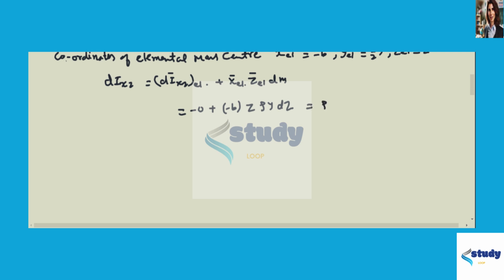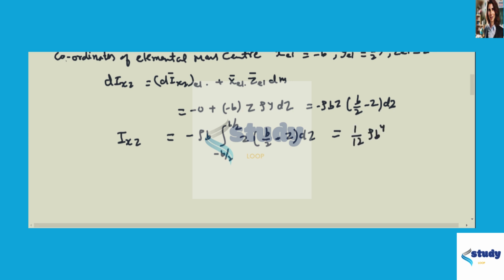So it will be rho b z minus b by 2 minus z dz. To evaluate completely, you have to integrate it: minus rho b, integration from minus b by 2 to plus b by 2 of z times b by 2 minus z dz. Substituting the limits and simplifying, you will get rho b to the power 4 by 12.